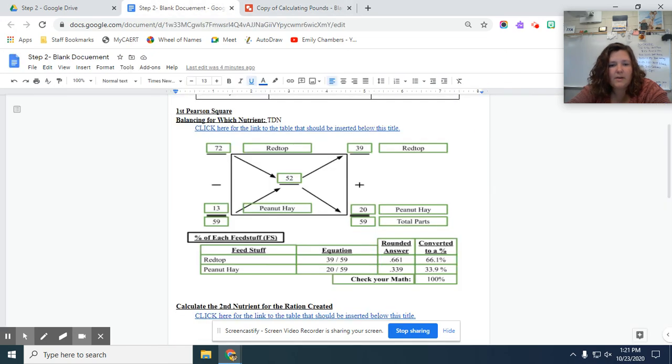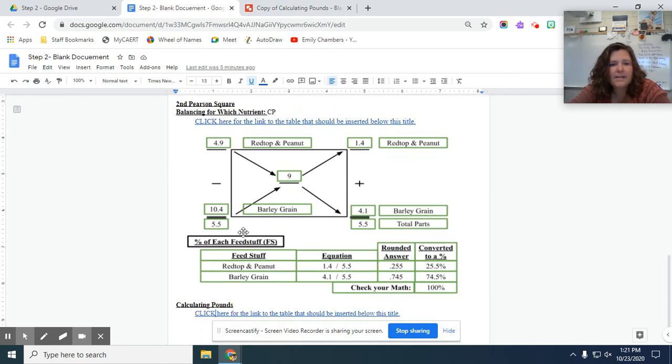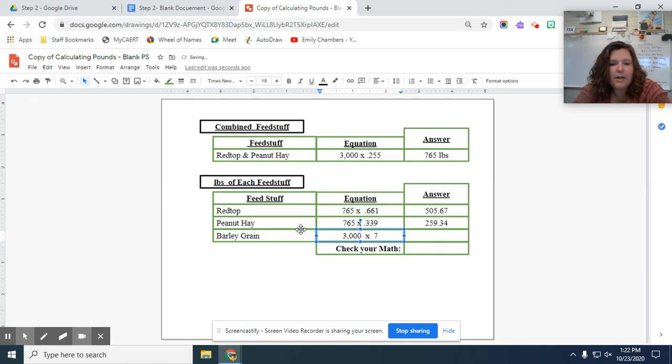We're going to look at this second Pearson square, and barley grain was 74.5, so we're going to do 0.745. So 3,000 times 0.745 equals 2,235.